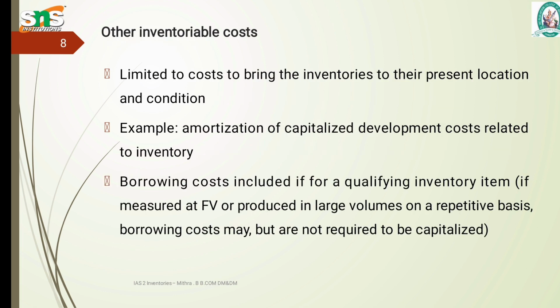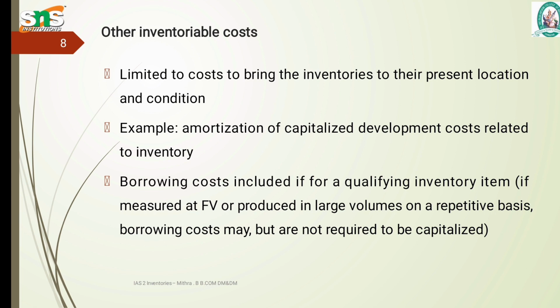The next thing is other inventoriable cost. What are the other inventoriable costs? They are limited to costs to bring the inventories to their present location and condition, which means only limited costs are applicable. Examples: amortization of capitalized development cost related to inventory.